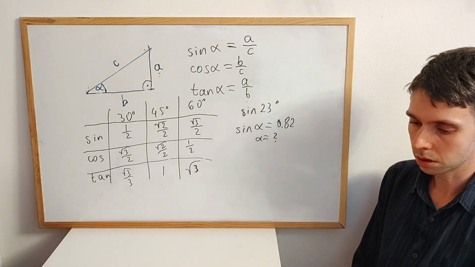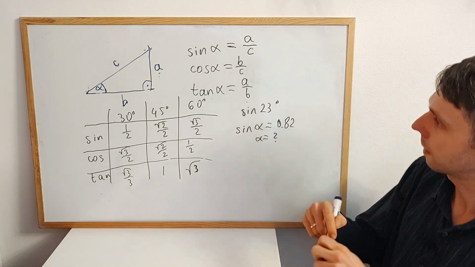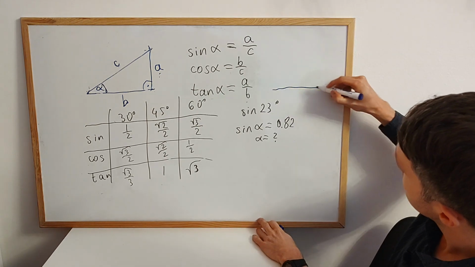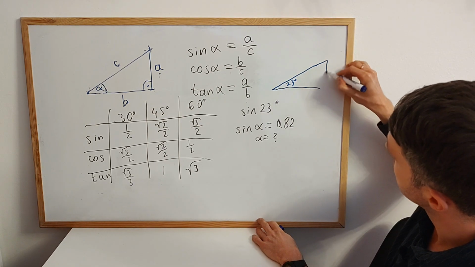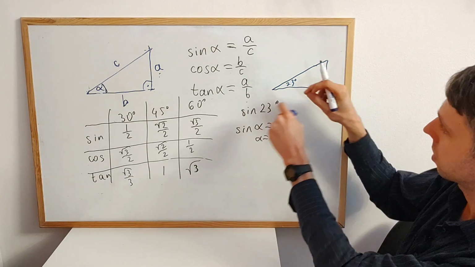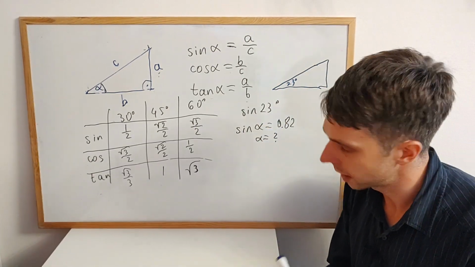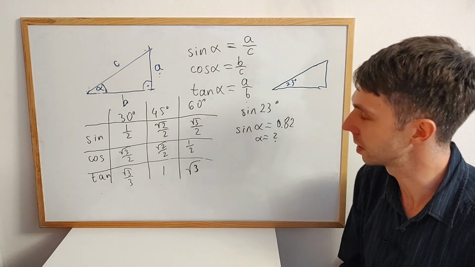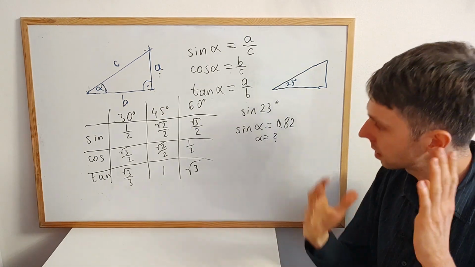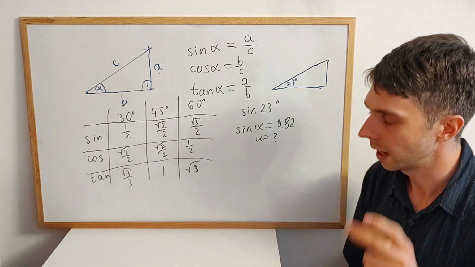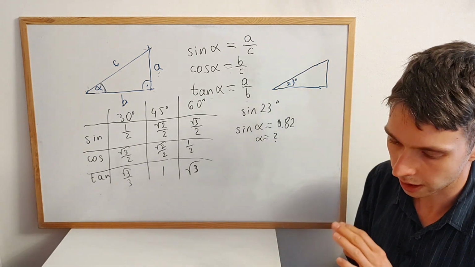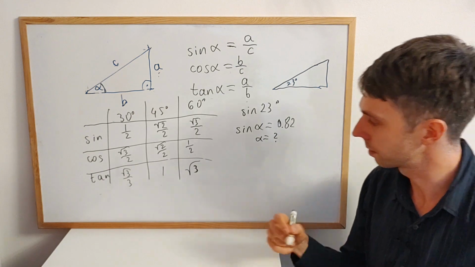For this you don't need to try to draw a triangle which really has 23 degrees and measure all the sides. No, of course people did this in the past with greater accuracy than you can get, and you can find ready tables of the values.